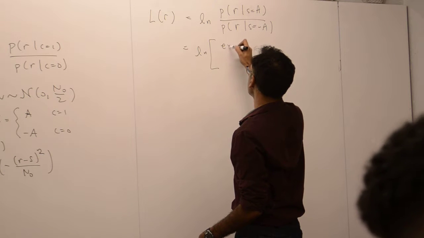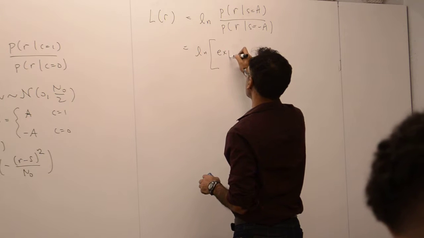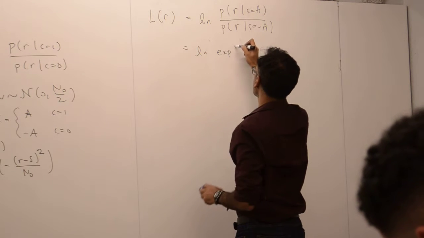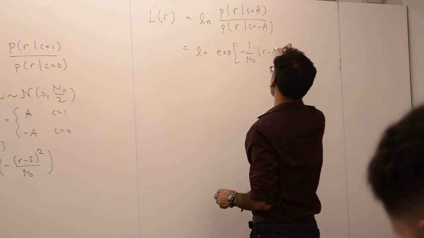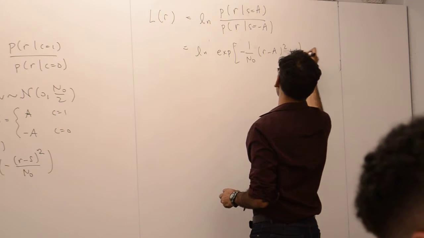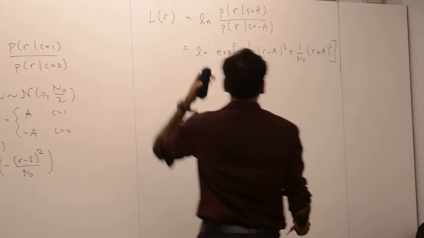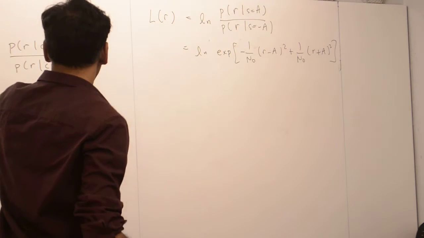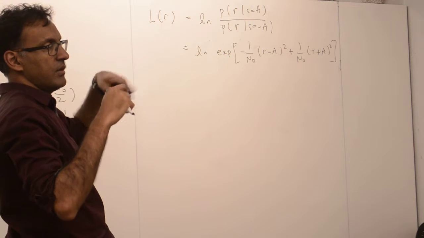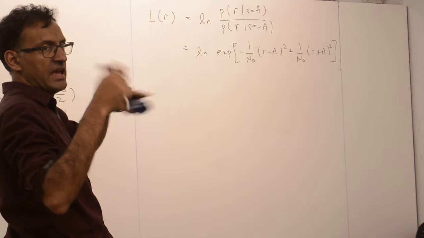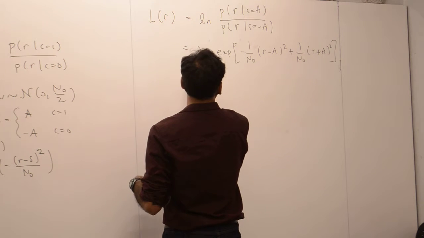So that will be E. That's just because the exponentials, E of A over E of B is E to the A minus B. So the log and the exponential cancel out.